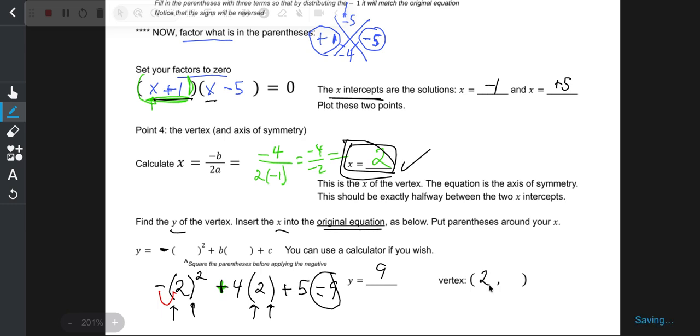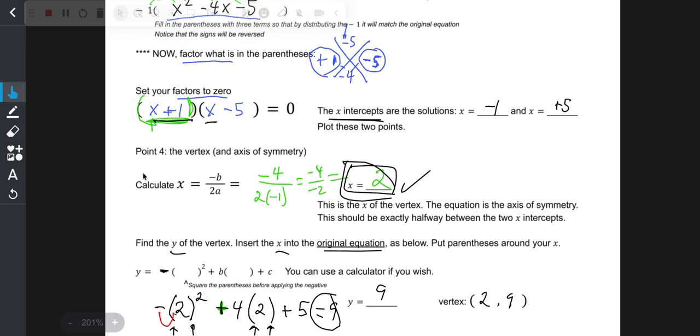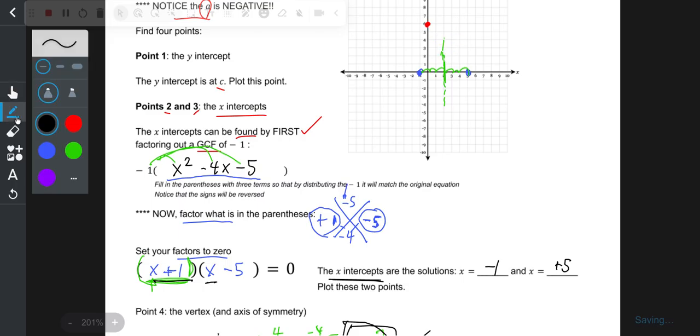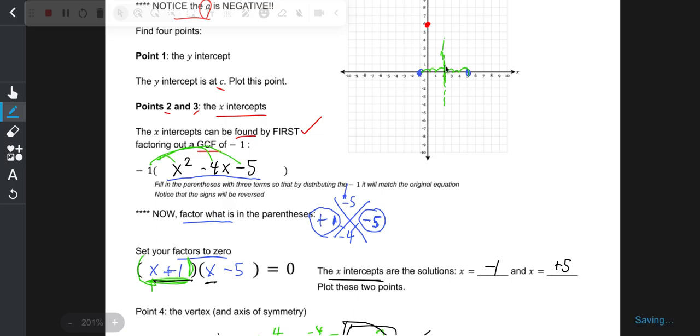The vertex will be 2, 9. And so we already knew the x was 2. We just needed to know how high does it go? Where does the point go? From x is 2 all the way up to 9. Okay.